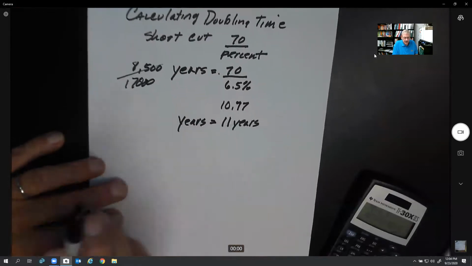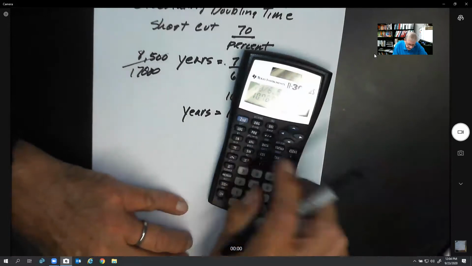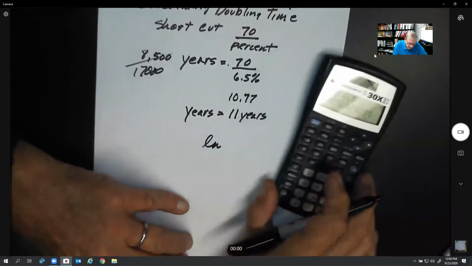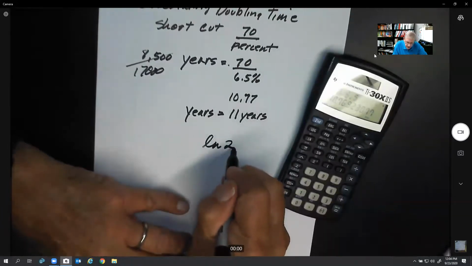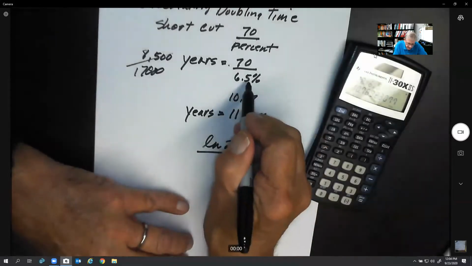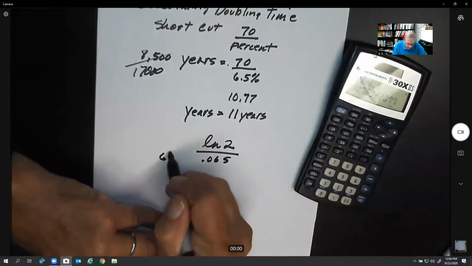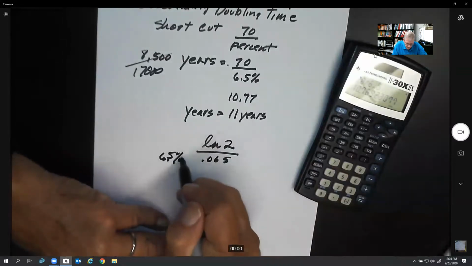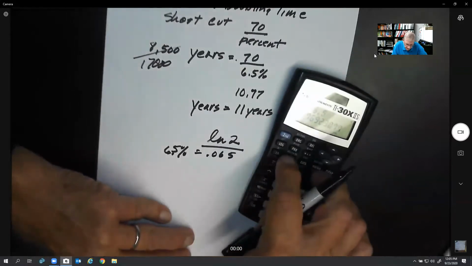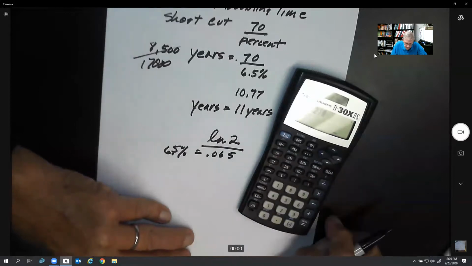Another way you can do it, on your calculator, you have an ln key. You're going to put ln and always 2, ln2, divided by, now you would change this to a decimal, 0.065. Change that 6.5% to a decimal and use ln2. When I hit ln2, see what happens?